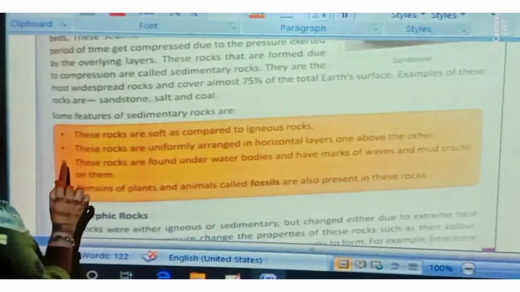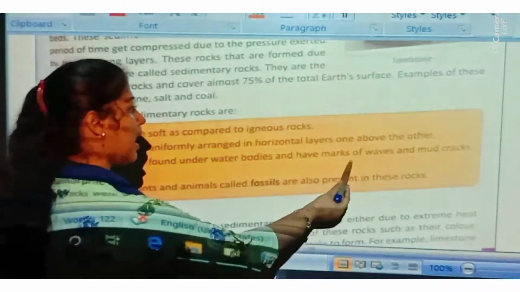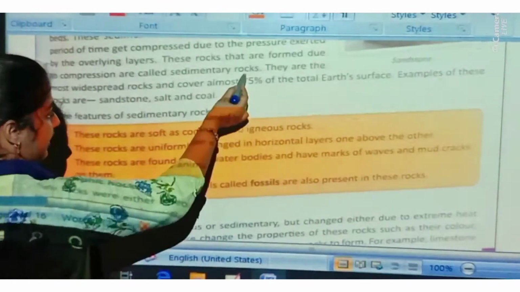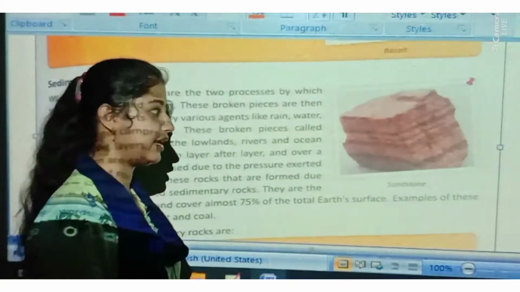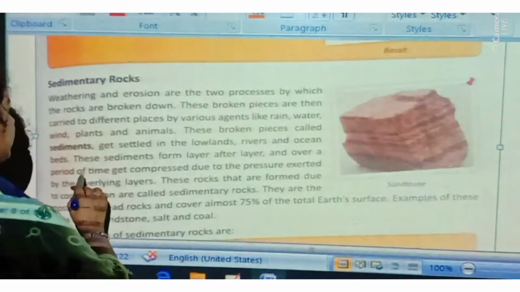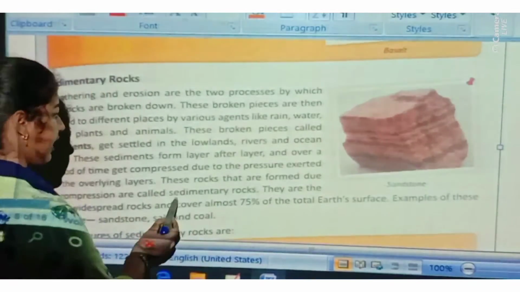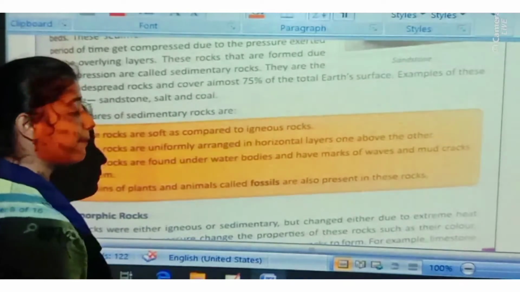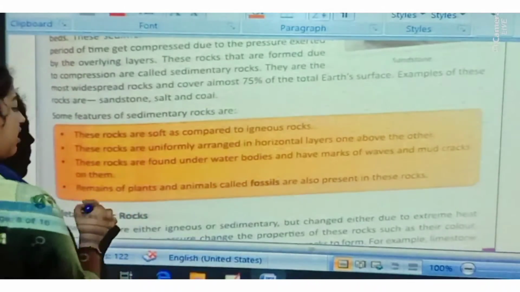Now, number 3, these rocks are found under water bodies and have marks of waves and mud cracks on them. Yes, because we all know how sedimentation is created by various agents like rain, water, wind, plants through the process of weathering. Basically, its effect is also on the marine surface, so waves and mud cracks appear on them.